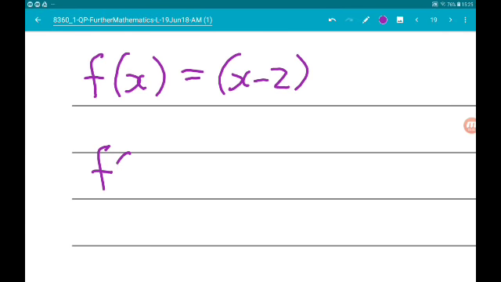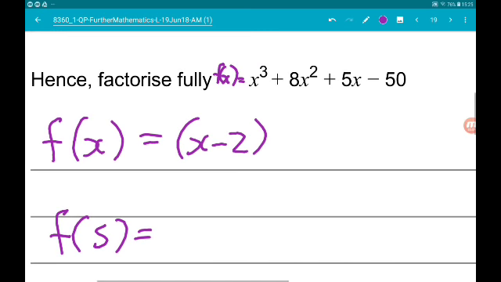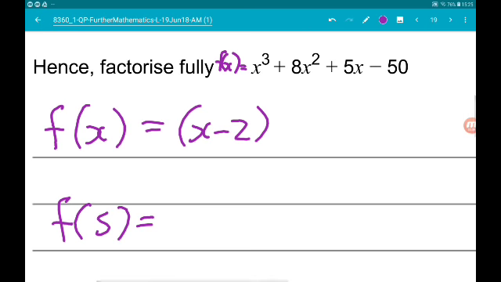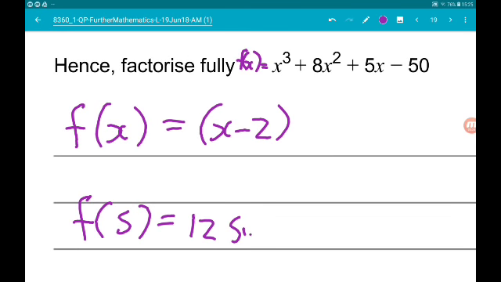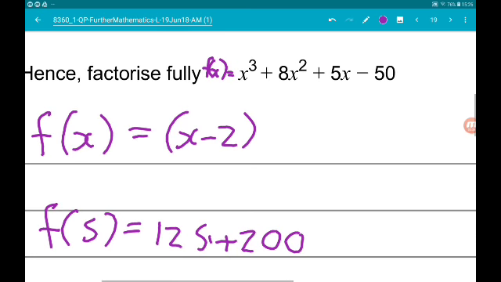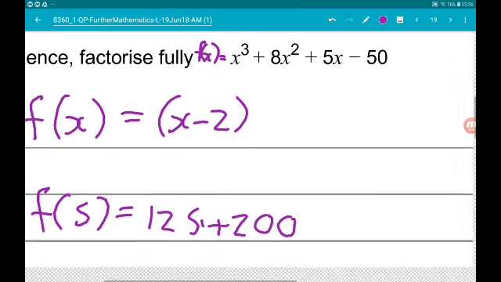So f of 5 is going to be 5 cubed, which is 125, add 8 times 5 squared, so 5 squared is 25, 8 times that is 200, so you can see already, I don't think this is going to work.